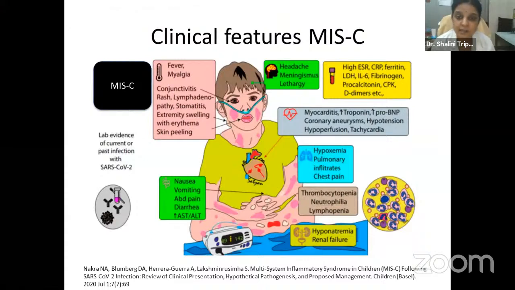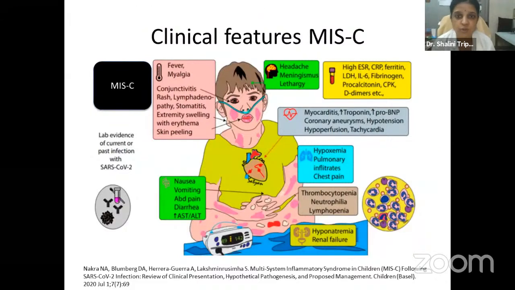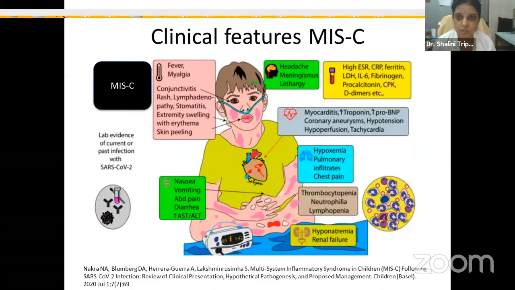So this clinical picture is there, especially after the peak of COVID, with many of these investigations positive. Putting everything together, you will make the diagnosis of MIS-C, and not based on a single thing.